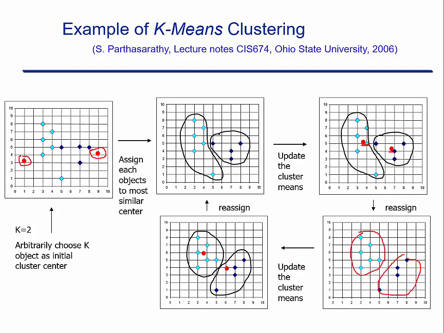After that, we will again update the cluster centroids, represented by the 2 red points, and then we will reassign the points to the new updated centroids. But this time, we find that there's no change to the cluster membership after reassignment, so the clustering process stops.